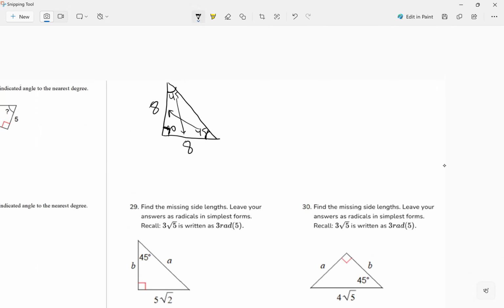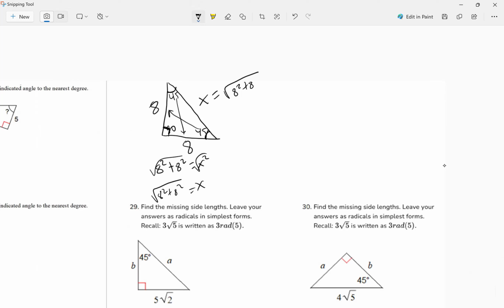Cool. That's easy. Now, the way we're going to solve for the other side, do you remember your Pythagorean theorem? If I call this x for right now, I used to go 8 squared plus 8 squared equals x squared. So get the square root of each. My x in this case is the square root of 8 squared plus 8 squared.